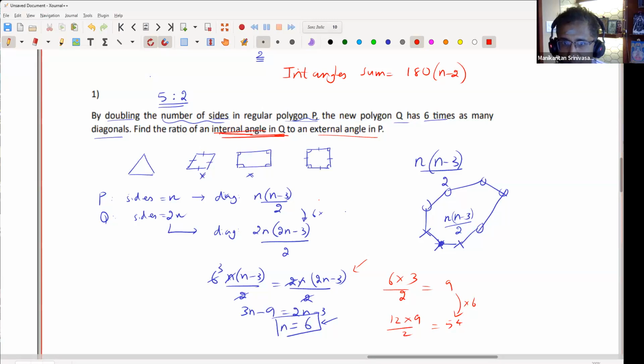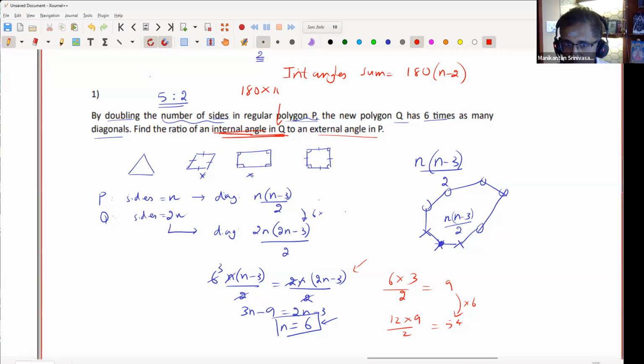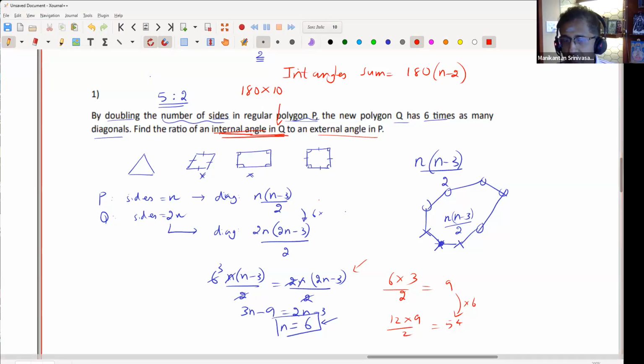For the bigger polygon, the sum of all the internal angles is 180 times (n minus 2), where n is the number of sides, which in this case is 12. So it's 12 minus 2, and that's the sum for all the internal angles. Each would be divided by 12. So that's the internal angle in Q.